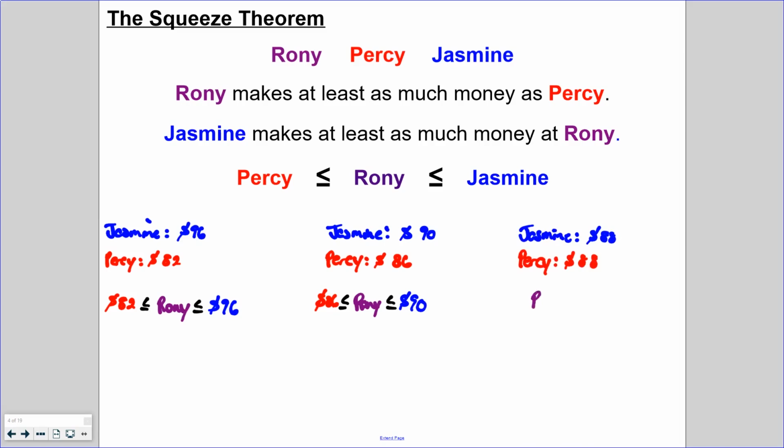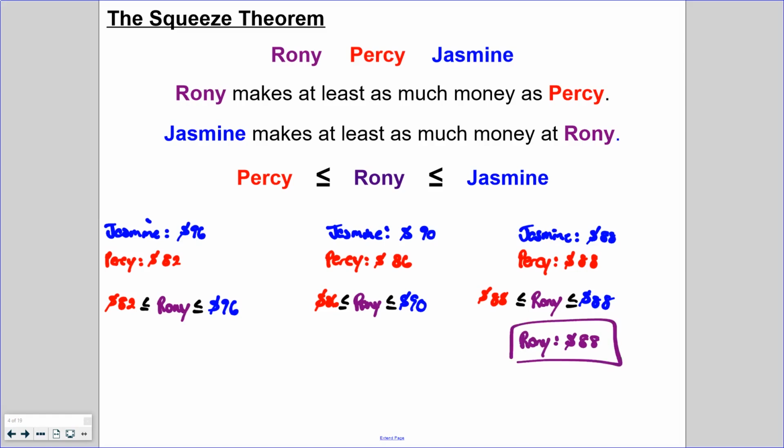That means that Ronnie, based on our compound inequality, has to make greater than or equal to $88 and less than or equal to $88. In this situation, he has to make more than or equal to 88 and less than or equal to 88. So therefore, in this particular situation, we know that Ronnie is going to make $88.